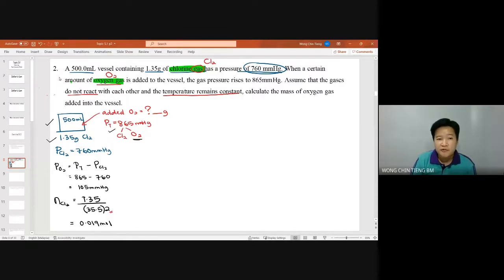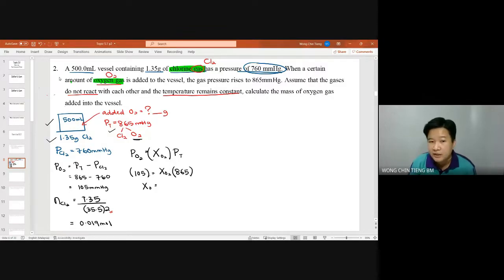So, I use the mole fraction of oxygen, means I will be using the partial pressure of oxygen equals to the mole fraction of oxygen, all right, times P total. Because I keep everything in millimeter mercury, so I want to use the millimeter mercury, 105 equals to the mole fraction and the P total, 865. So you got your mole fraction over here.